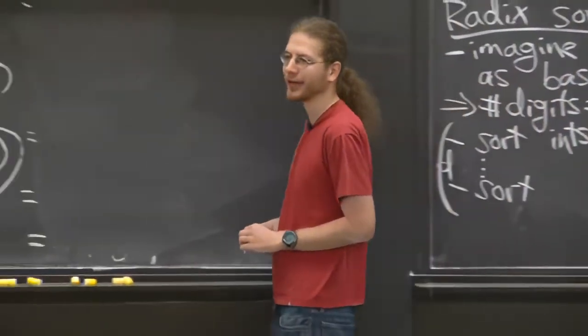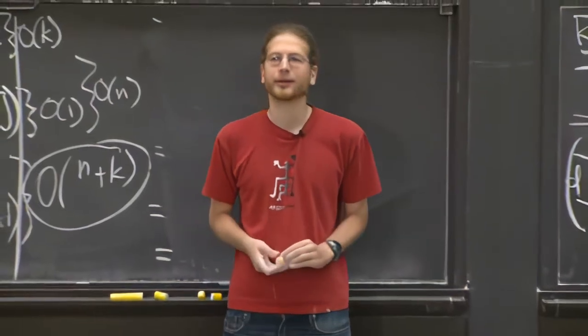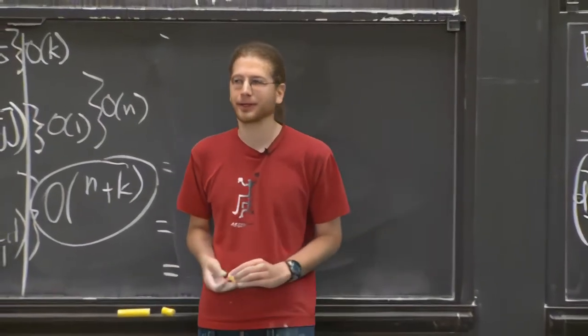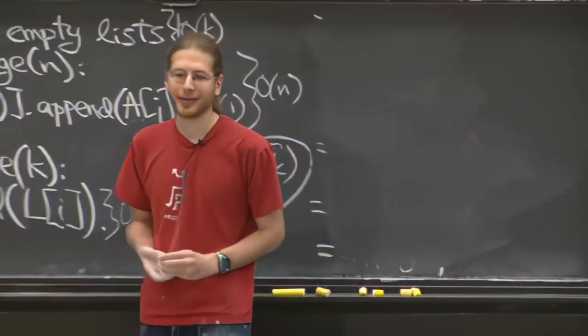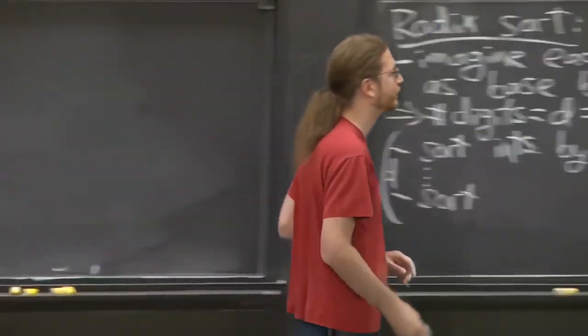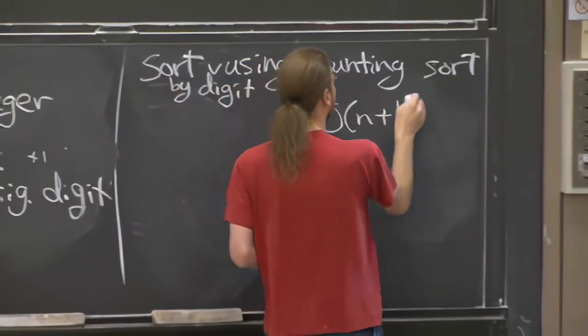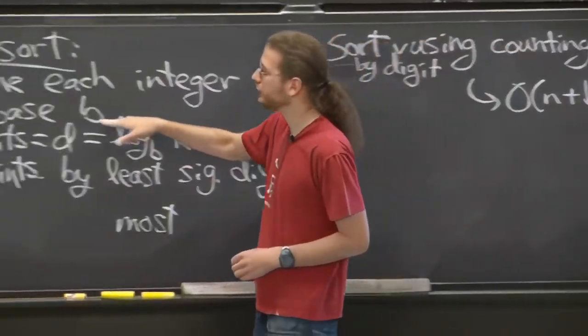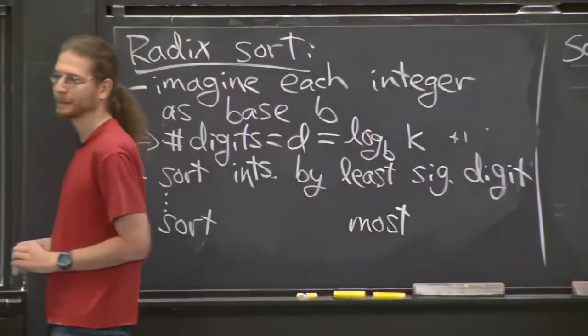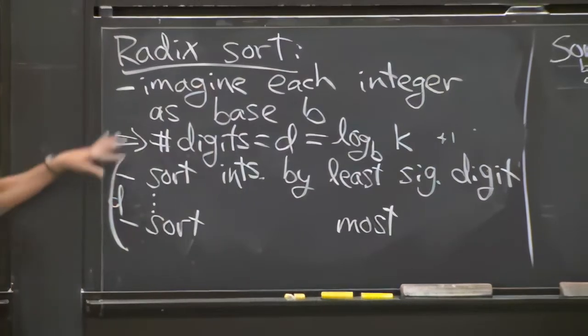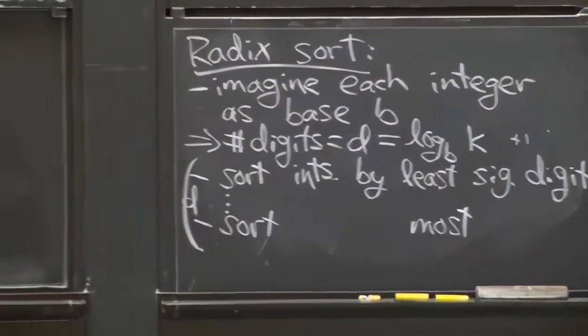Normally it's n plus k. Here it is n plus b, because all of our digits are between 0 and b minus 1. So we're just sorting by digit. Now here is where we're using this idea of a key.